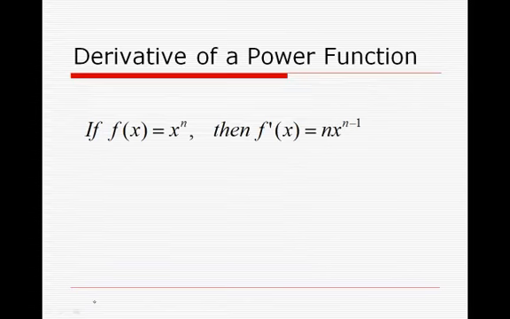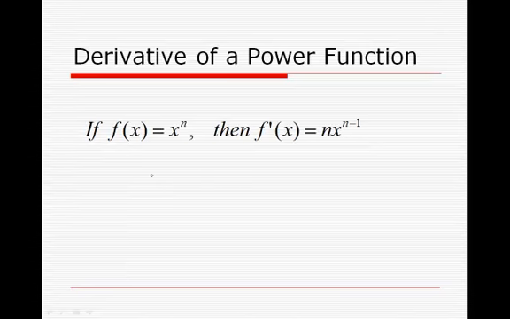Let's look at this rule. The derivative of a power function says if f of x equals x to the n, then f prime of x equals n times x to the n minus 1. So this is going to be a huge, huge savings on time. The downside of this is that it only works for power functions.